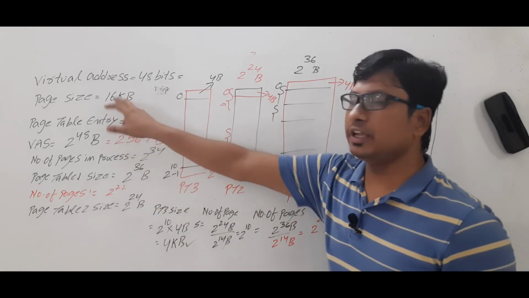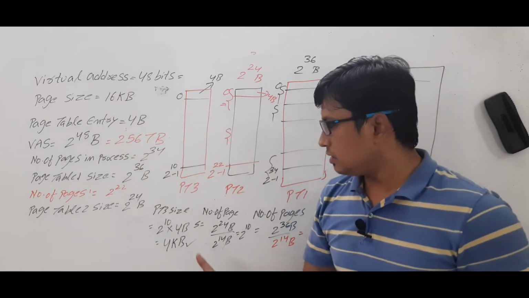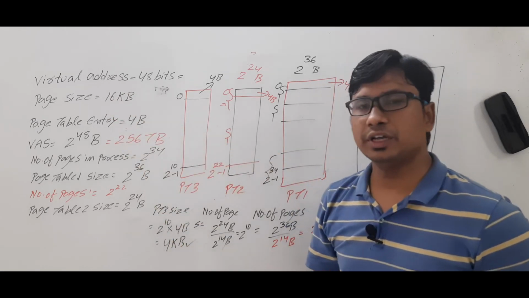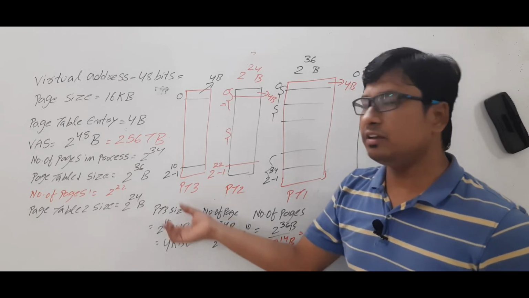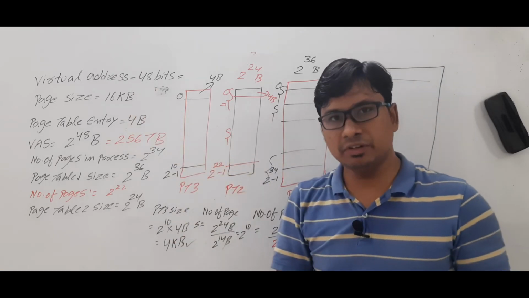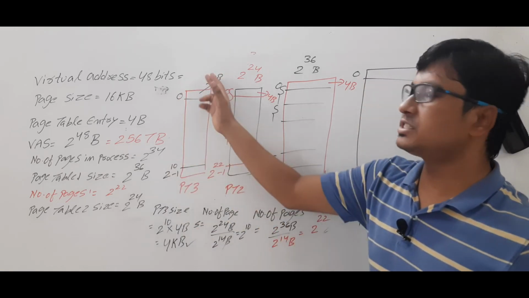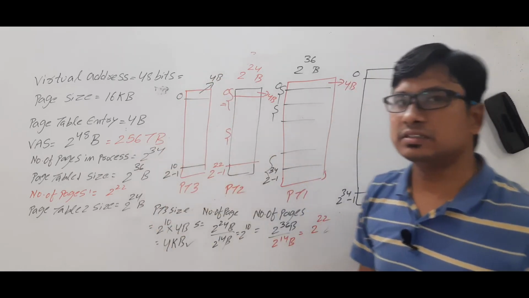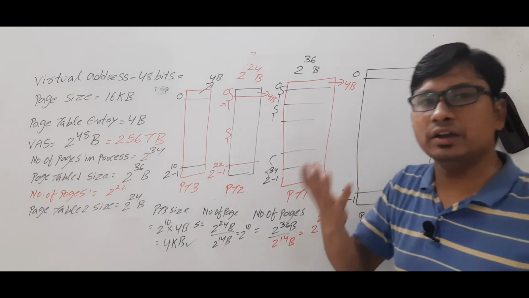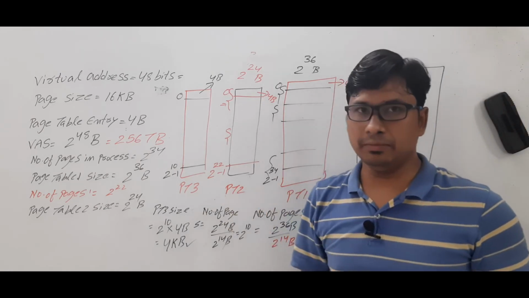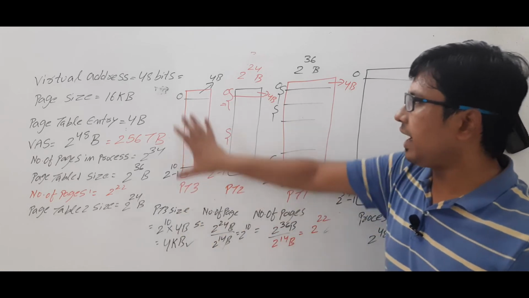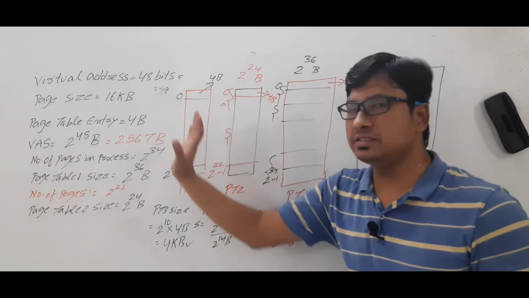Now your frame size is 16 KB. If your information is 4 KB, can I keep it in 16 KB of free space? Yes. So this entire page table 3 I can successfully load in one of the frames of main memory. Is it clear? So I can stop the paging here.